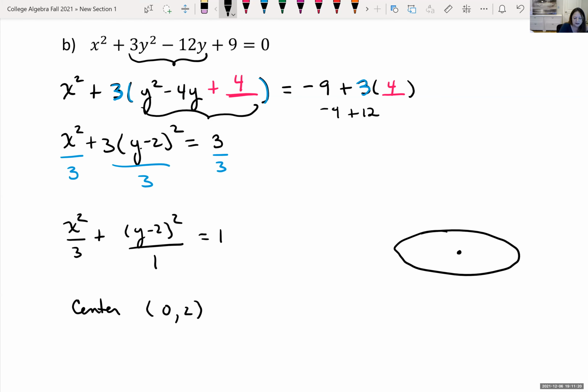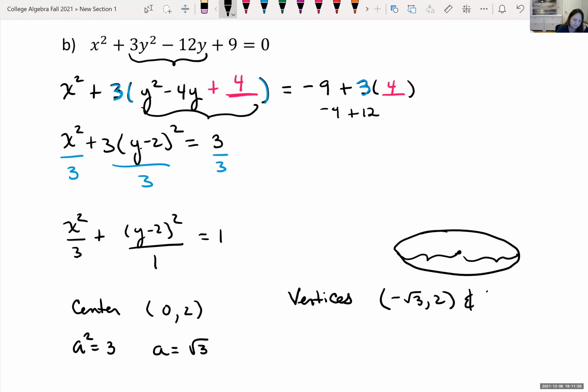Looking at the larger number, which is 3, my a squared is 3. So I know a is √3. So I need to add √3 and subtract √3 from the center, and that's the x value. And so my vertices on my major axis are going to be -√3, 2, and +√3, 2.